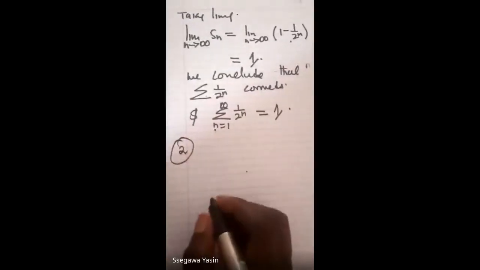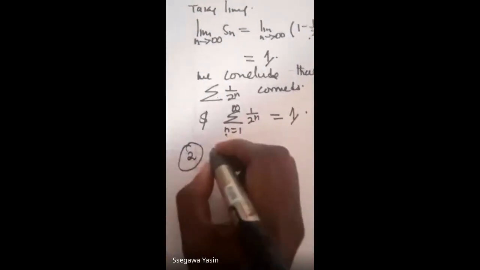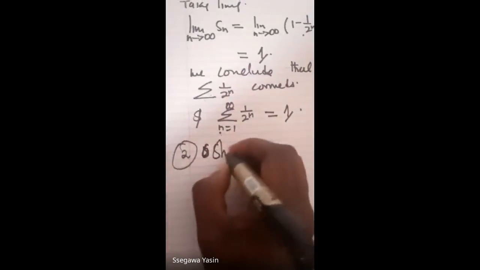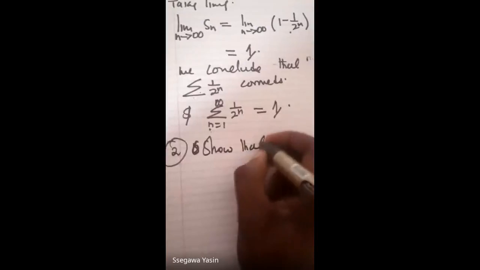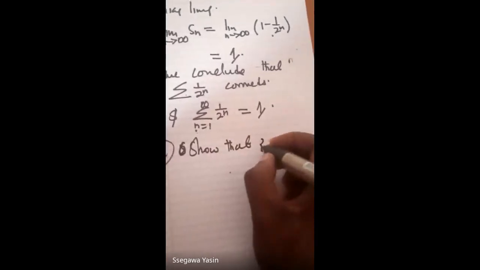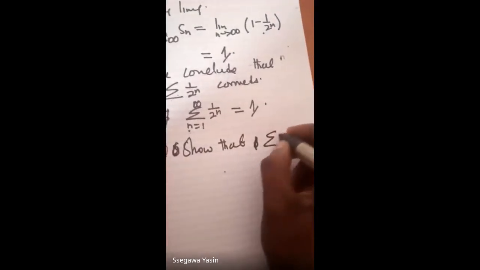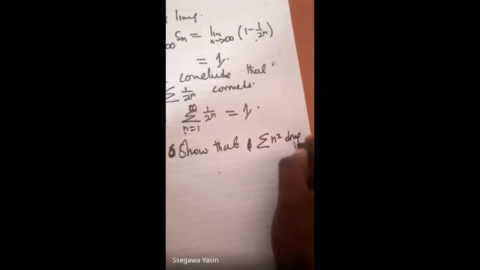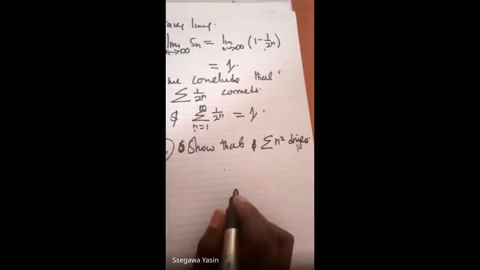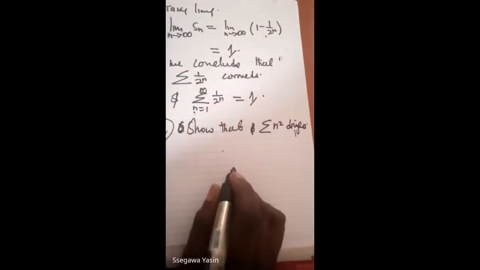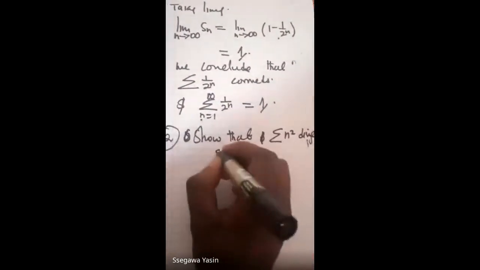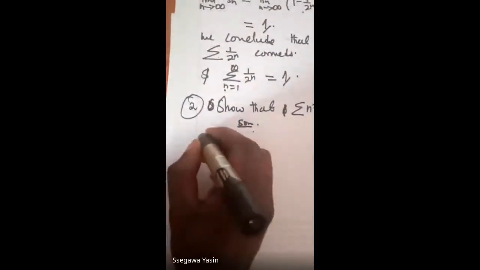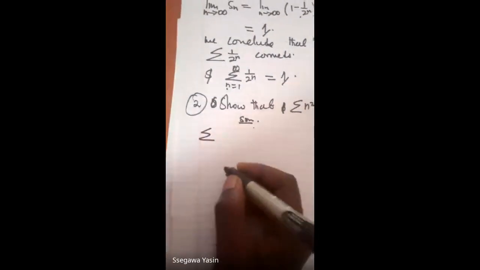So number 2, we can say show that the series of n squared diverges. When we have this, we know that this is a series.